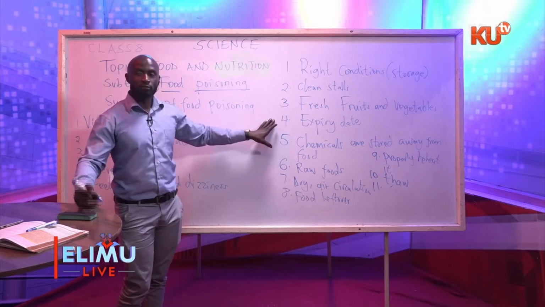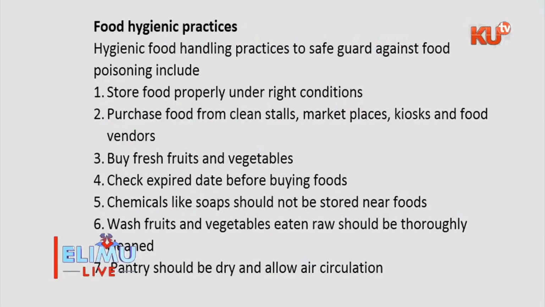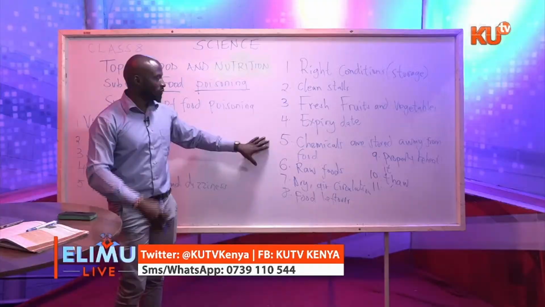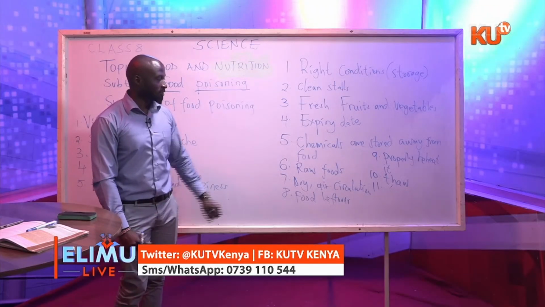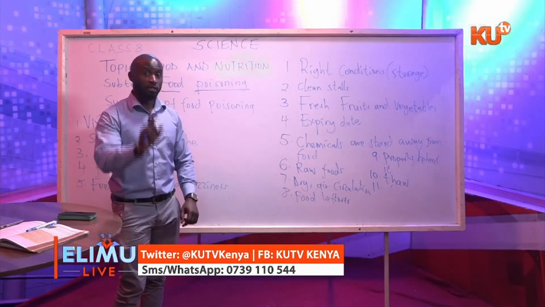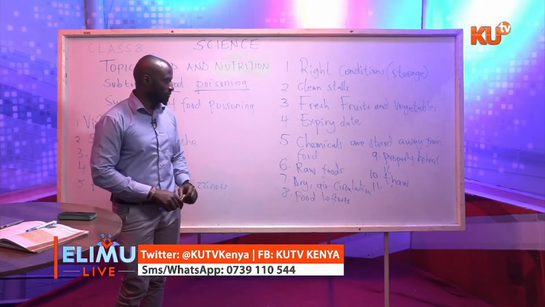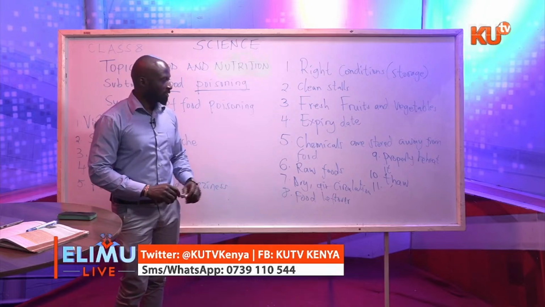We talked of expiry date. From now henceforth, I want every girl and boy who's listening and watching that every time you get to a place that you need to buy, make sure you check the expiry date. The chemicals I talked about, make sure they're stored differently from foodstuffs. Foods eaten raw, the key word was thoroughly wash them with running water.